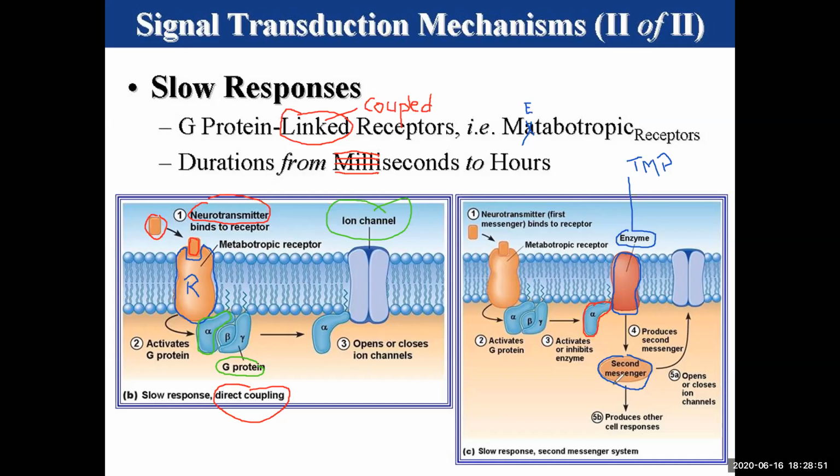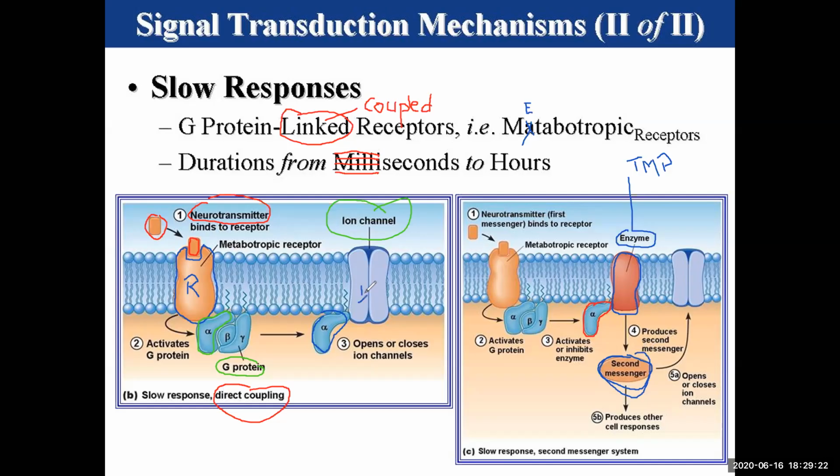For example, this second messenger here, once produced, can affect the function of an ion channel, right? Again, it can open or close an ion channel that is located in its proximity. Same here. The difference is that in panel B, the alpha subunit activates an ion channel, whereas in panel C it is the second messenger that activates the ion channel, right?